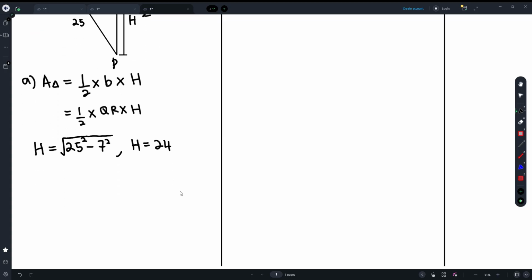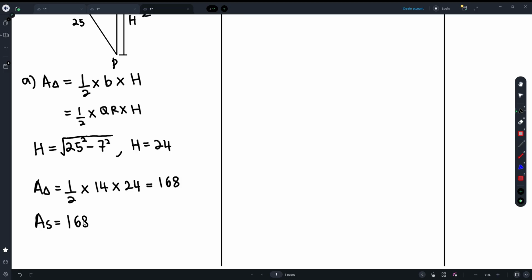With that, we can find the area of the triangle, which is 1/2 multiplied by the base QR, which is 14 cm as per the question, and multiplied by the height, which is 24 cm. That gives us 14 multiplied by 24 divided by 2, which is 168.